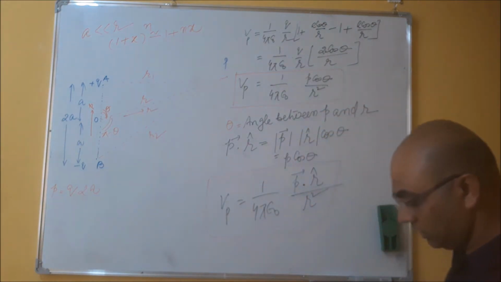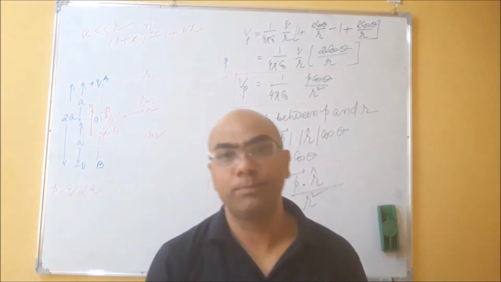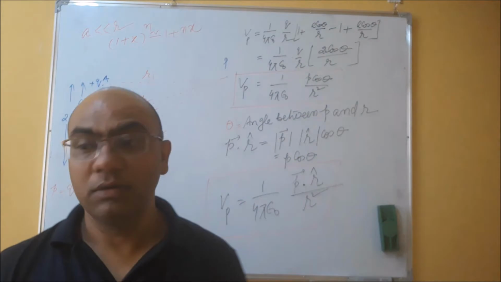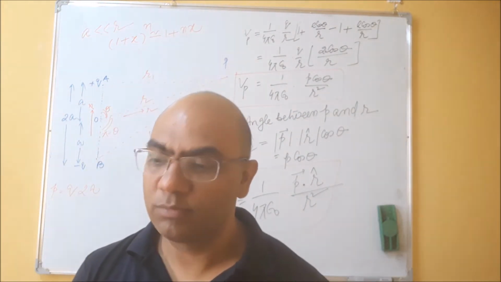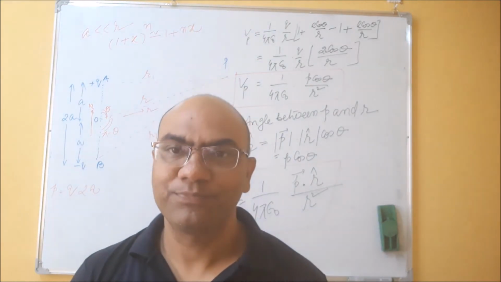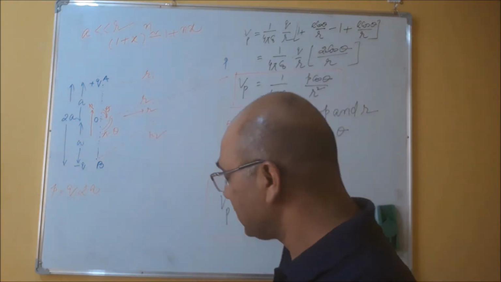So either you can write the value of potential due to this dipole at point P by this formula or by this formula. Both formulas are correct, right? Now you see the special cases.